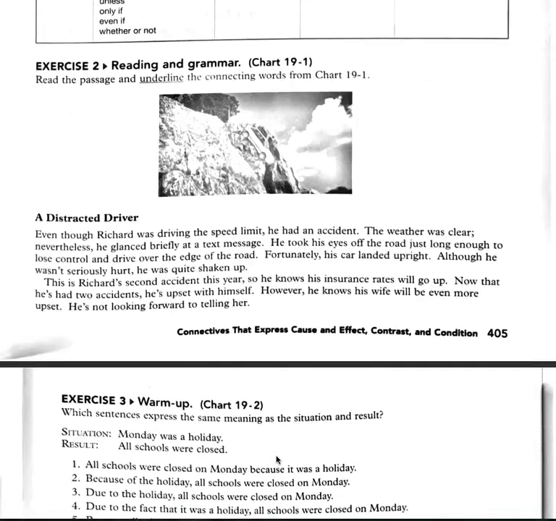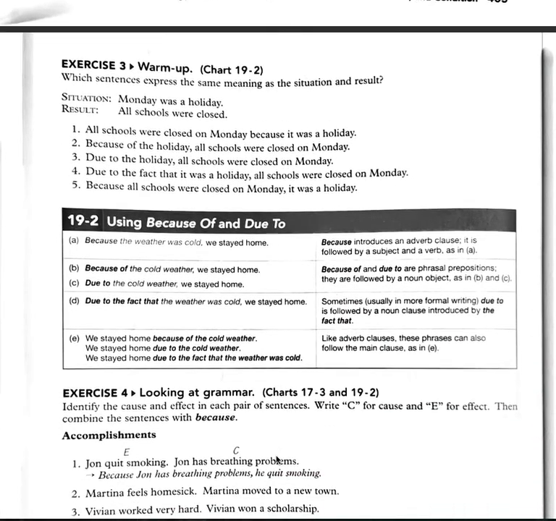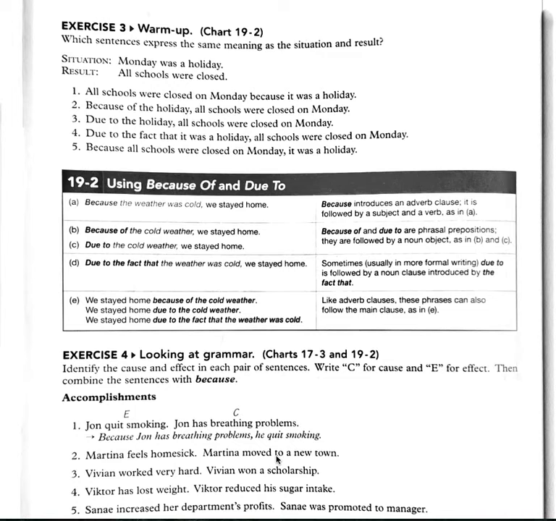Let's go to the next page, page 406. On exercise 3, ladies and gentlemen, this is a warm-up. It says, which sentences express the same meaning as the situation and result? Here's the situation. Monday was a holiday. Here's the result. All schools were closed.